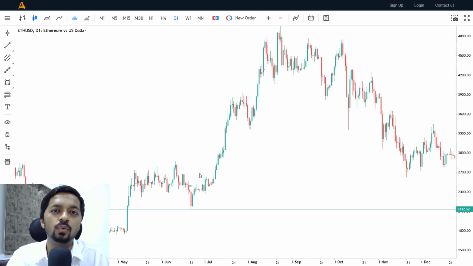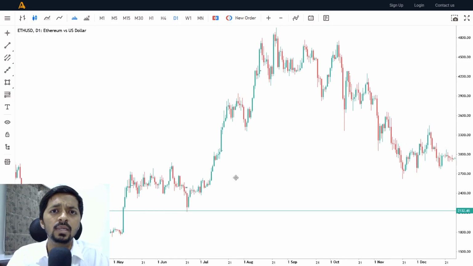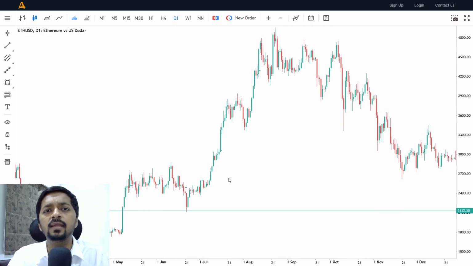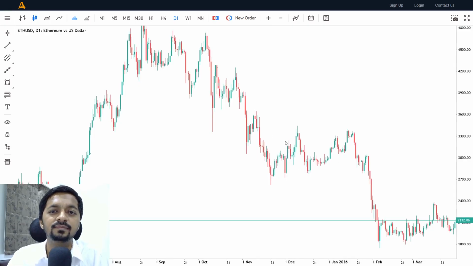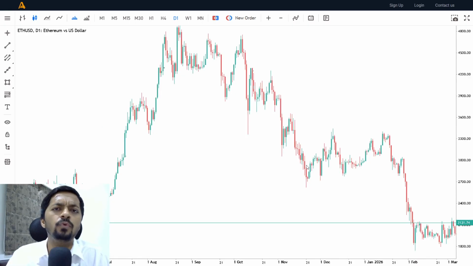That's it. That is what trend trading is. Now, there are three types of trend in the market. One is upward trend, one is sideways trend, and another one is downward trend. So if you spot the trend, the majority of the problems will be solved.